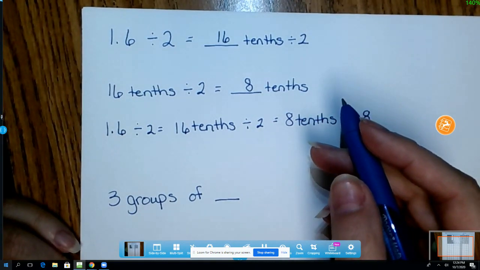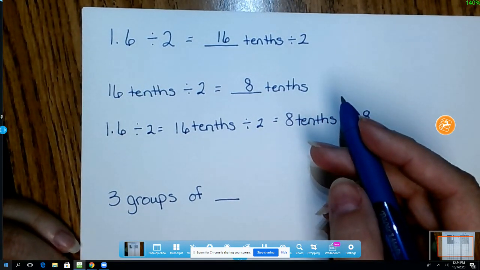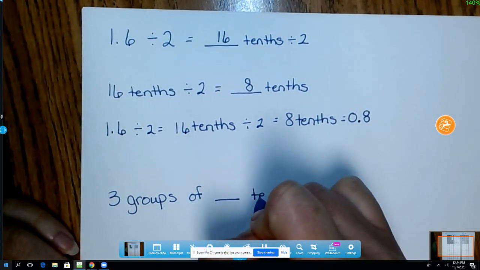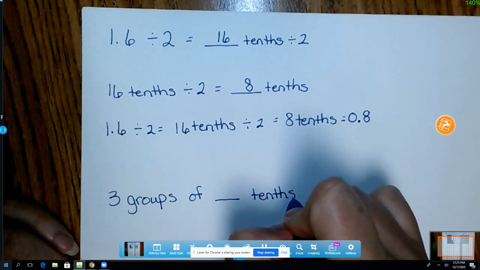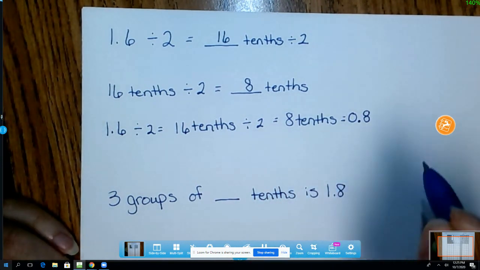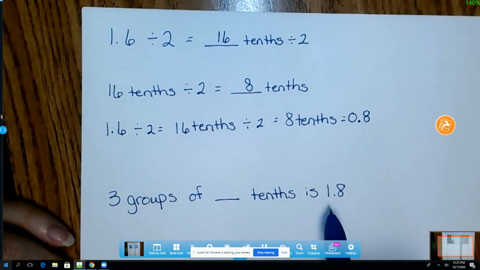So let's say that we have 3 groups that we need to split into tenths, and we have 1 8/10 altogether. So how many groups of tenths, if we have 3 groups, is going to equal 1 8/10?